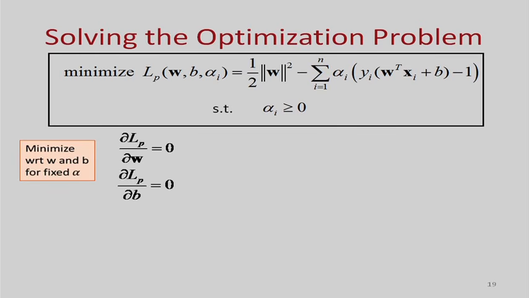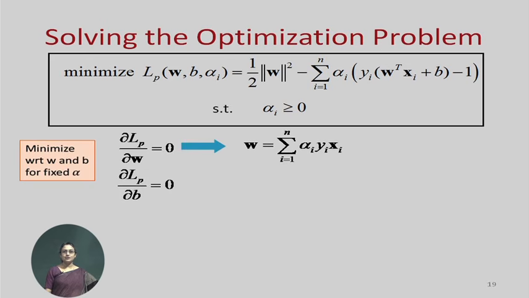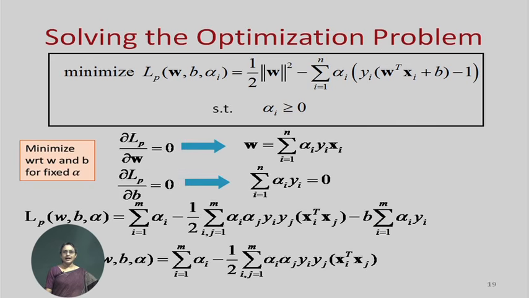Now, if we take the partial derivative of this L_P with respect to w and b, what we get is w equal to sigma alpha_i y_i x_i, and from the second one, by taking the partial derivative of L_P with respect to b and setting it to 0, we get sigma alpha_i y_i equal to 0.